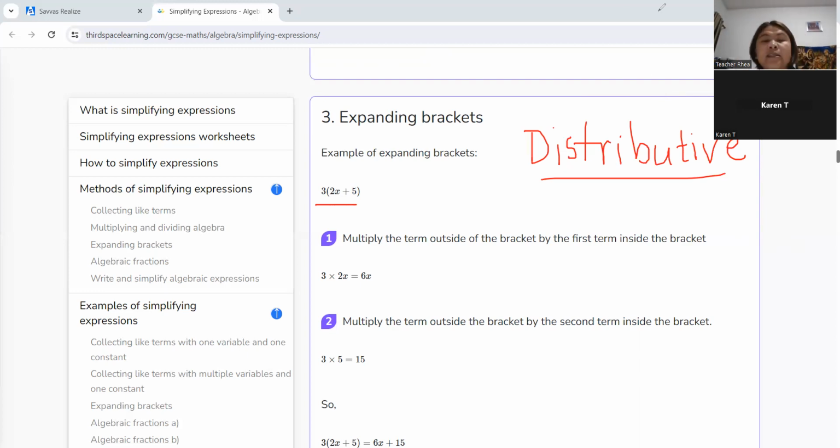First, multiply the term outside of the bracket by the first term inside the bracket.